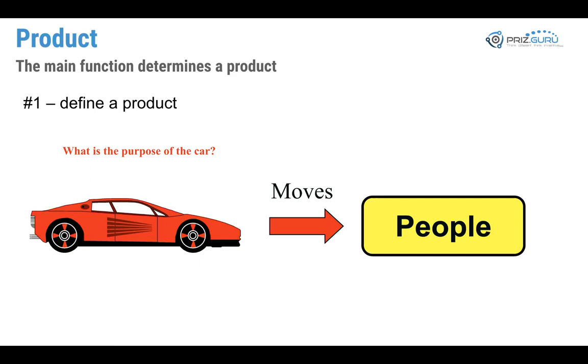But in case of the car, if we're trying to analyze how well it performs for the person that it drives or moves, or whether it's a cargo or not, the function is to move. Or if it's a car like a Ferrari, it could be to make people happier. It could also be a function, but still, in both of these cases, the product is the car.